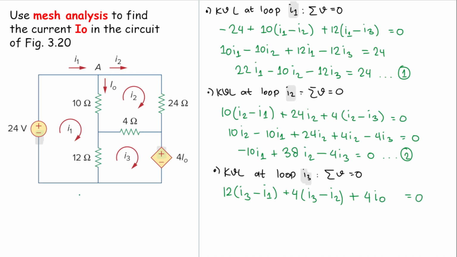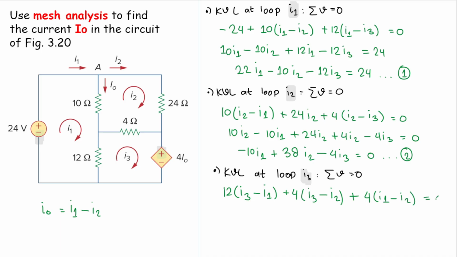But let's see here, what is I0? I0 here is the current flowing down, and the one that is flowing down is I1, right? So I will have I1. And then I2 is flowing up, so I'll have minus I2. So we can just plug in this one here into this one here. So I0 is I1 minus I2. So I have I1 minus I2.